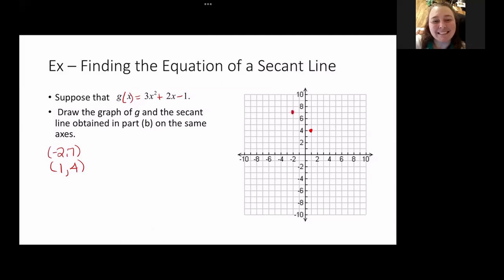There's 1 point. Now for the secant, oh, that is a terrible straight line. I can just draw the straight line. Now for the 3x squared plus 2x, okay, so we know it's going to go through these 2 points.